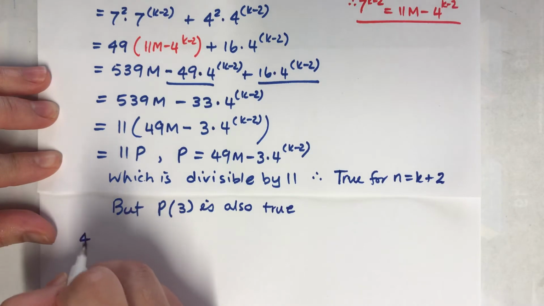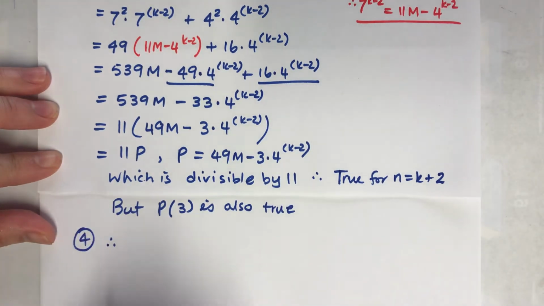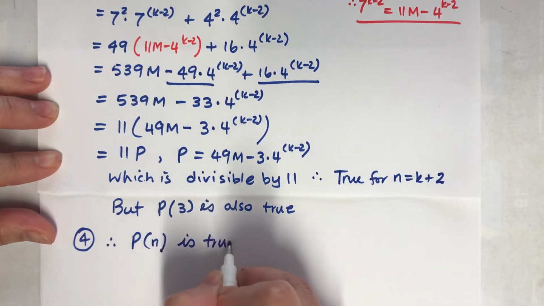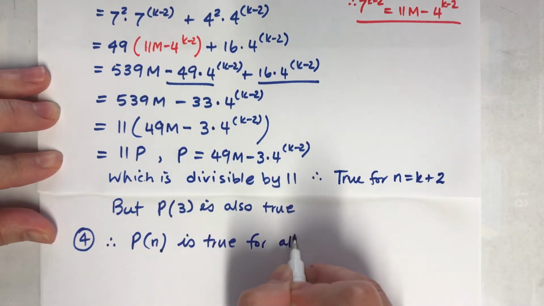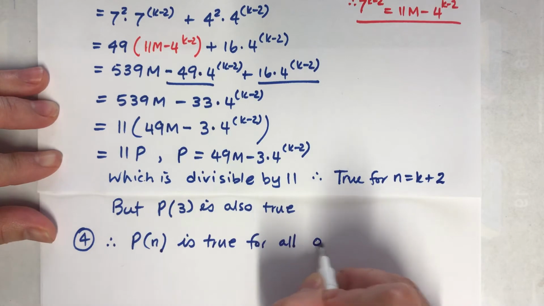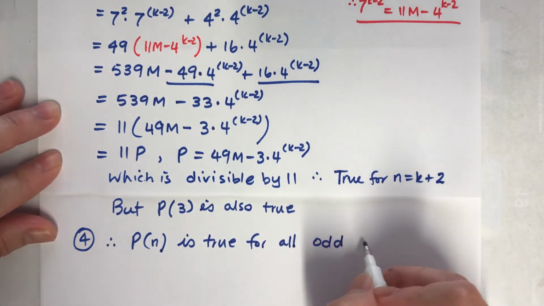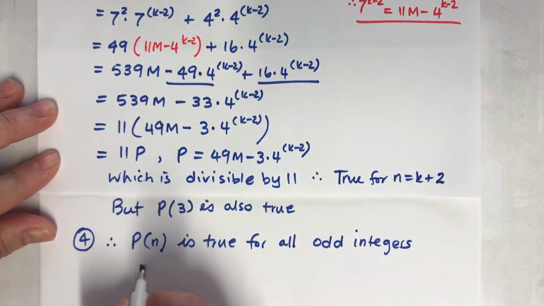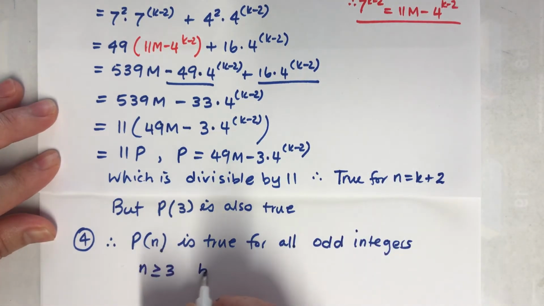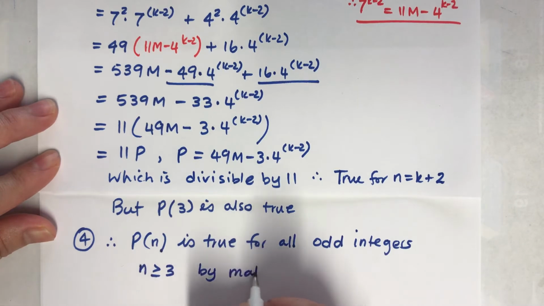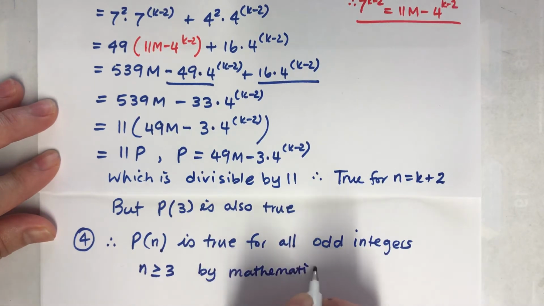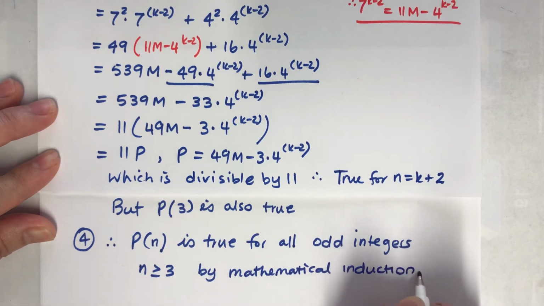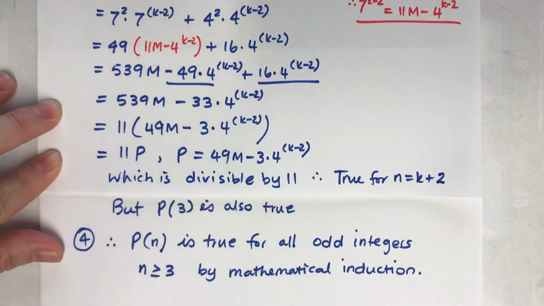So therefore, I can say P of n is true for all odd integers that are bigger than or equal to 3 by mathematical induction. Okay, so that's done for the proof.